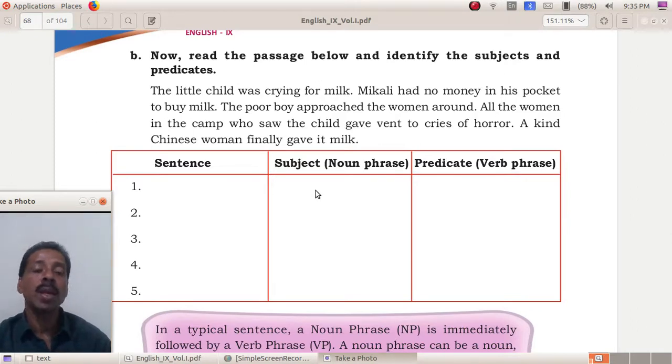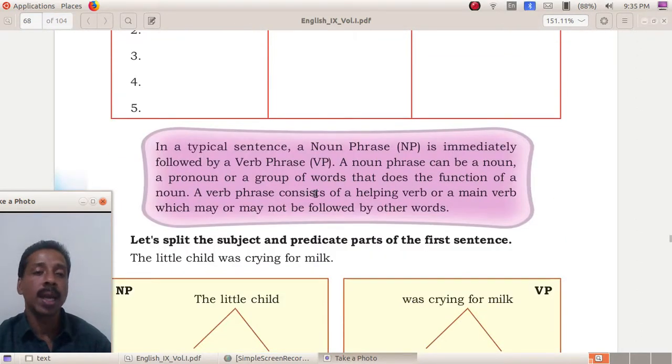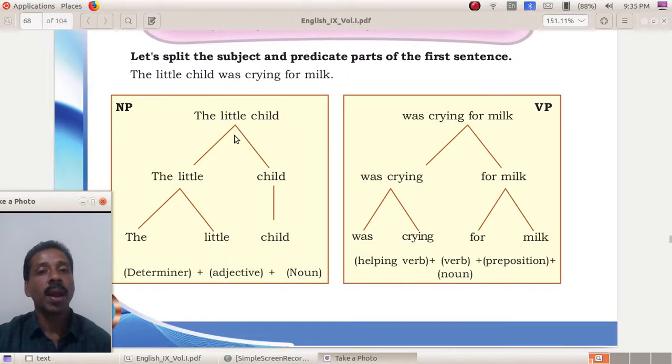How can we, or what are the words included in a noun phrase, and which words can come under verb phrase. It is given. So the first sentence is given, the little child was crying for milk, and as we mentioned, the little child is the noun phrase, was crying for milk is the verb phrase. And if you analyze the sentence, which words are used in this noun phrase?